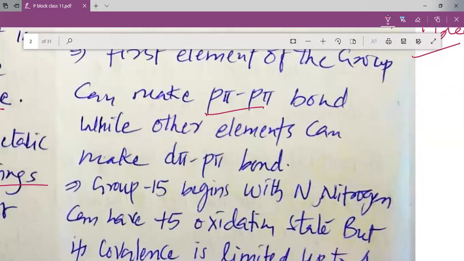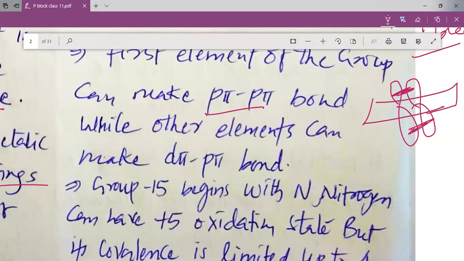A p-pi bond is the bond formed by two elements using their p orbitals above and under the plane of their atoms. For making a p-pi bond, the size should be very small, and that is possible only in the period 2 elements, and that is why only the first element of this group can make the p-pi bond.